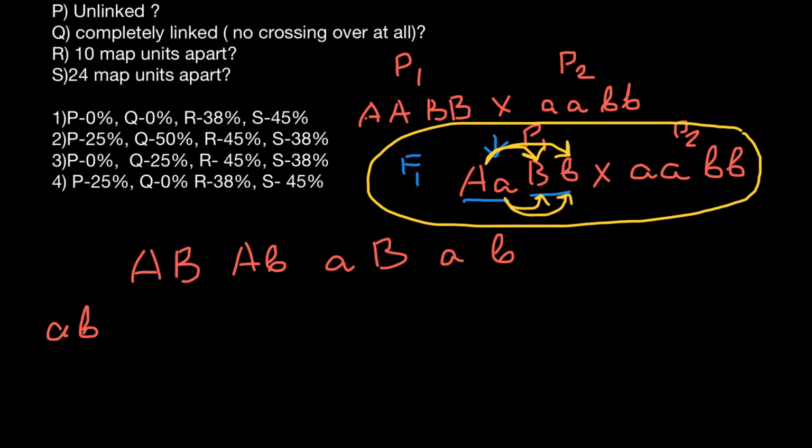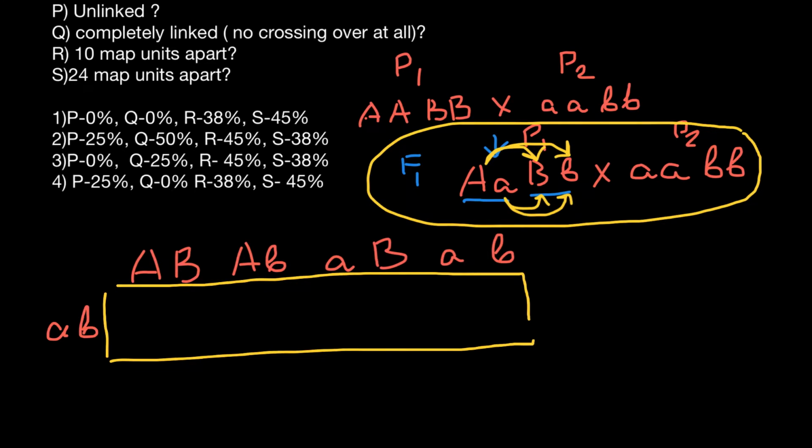So now let's draw a Punnett square, and our results would be as follows. I want to show you how to solve this problem using a Punnett square, but also I'm going to draw chromosomes and show what's going on at the chromosomal level.